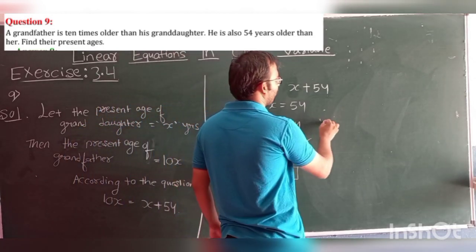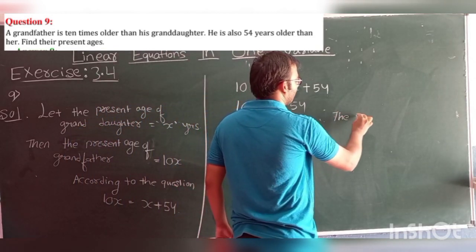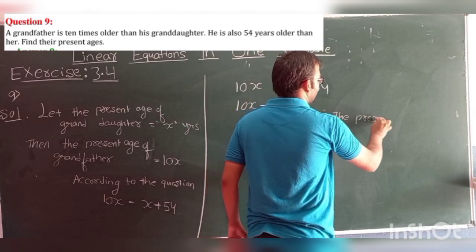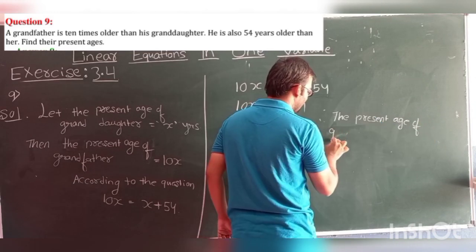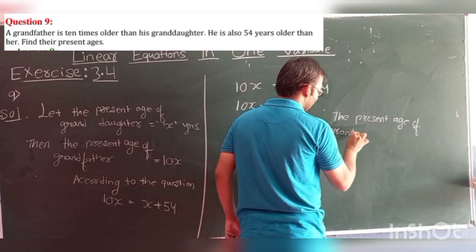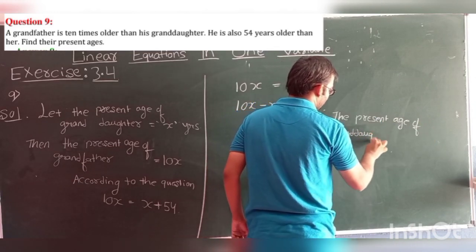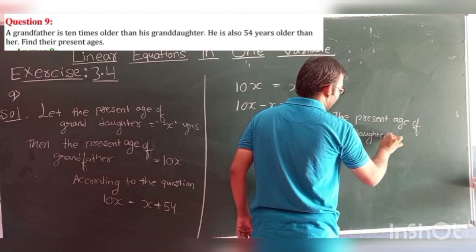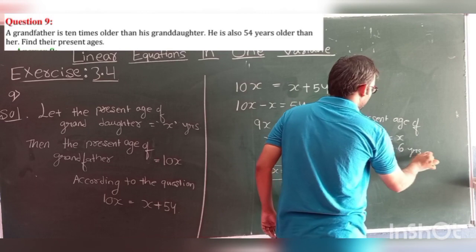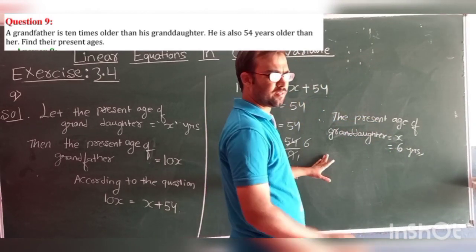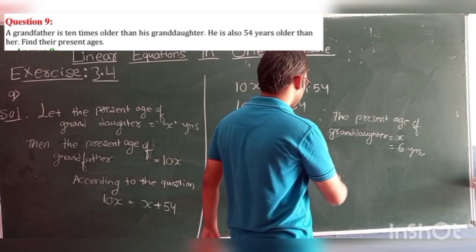Therefore, the present age of granddaughter equals x equals 6 years. So here, what is the age of granddaughter? The age of granddaughter is what? 6 years.